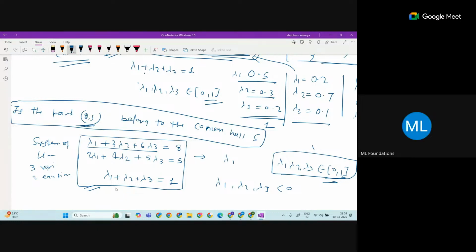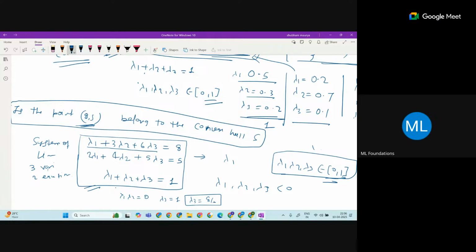That is not allowed. So I take a small value from lambda 3, say 0.1, making lambda 3 equal to 0.9, and put the value in lambda 2 so that the sum of the lambdas equals 1.